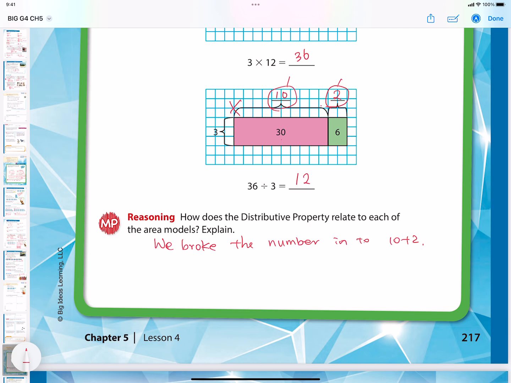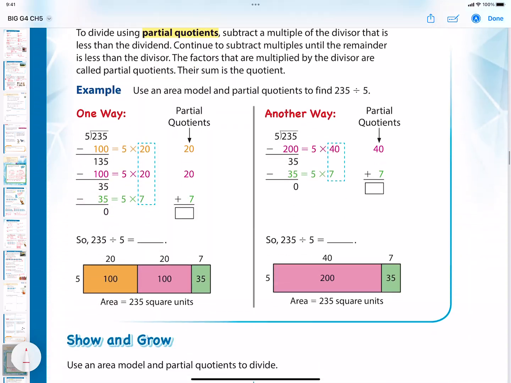And then you distribute what? 3 into 10 and 2. Add them together. So I'm going to write down 3 times (10 plus 2) is equal to what? Distributive, and the distributive is 3 times 10 plus 3 times 2. Okay?